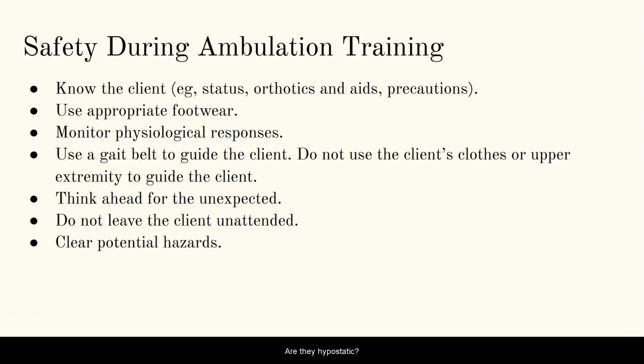Are they orthostatic, meaning their blood pressure can drop without notice? Are they medically stable? Are they using a walker or a cane with physical therapy? Do they need a wheelchair follow? These are all really important things for you to consider before getting somebody up and walking on your initial eval.